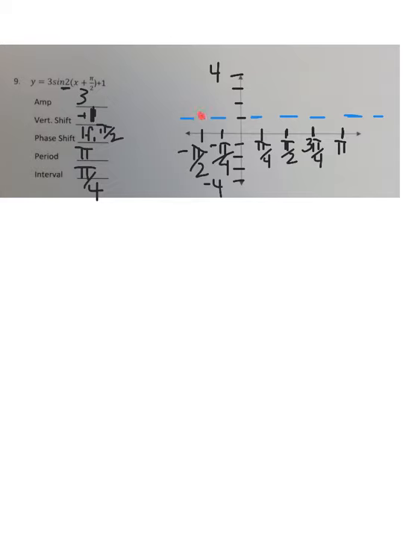Okay, and a normal sine curve would start here and would finish here, right? But I have to shift it back pi over 2. Well, this is a shift of pi over 4, so I need to go one more, and there's a shift of pi over 2. So we're going to put our next dot right there.